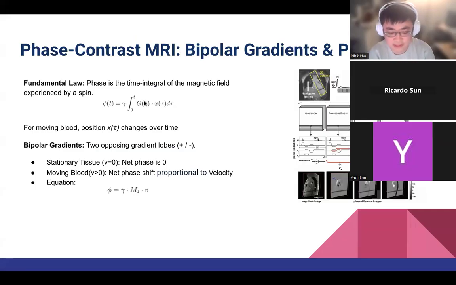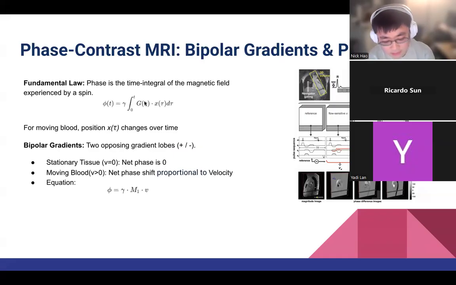As we previously discussed in class, the phase of an MRI signal is extremely sensitive to the magnetic field. Usually we try to minimize the phase error, but in phase contrast MRI, we intend to use this property. Fundamentally, the phase is the time integral of the magnetic field gradient experienced by a spin, as the equation shows on the top.